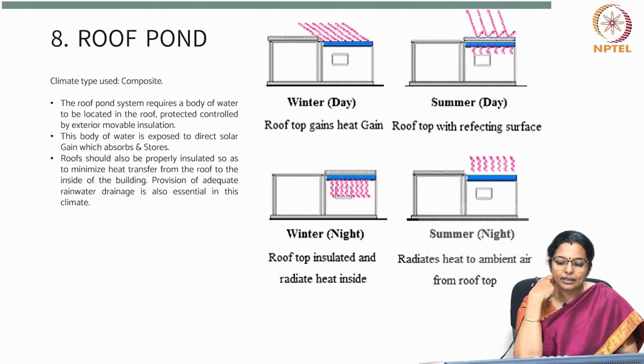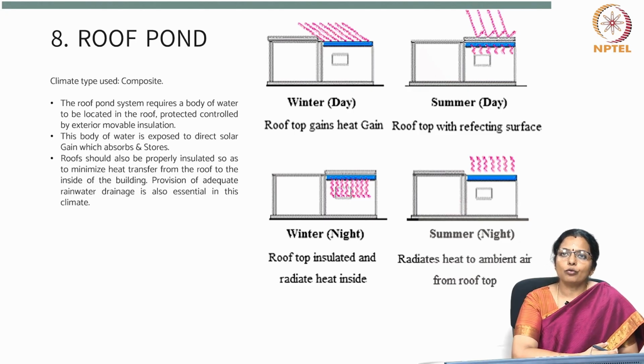Here we will see the roof pond strategy. The roof pond system requires a body of water to be located on the roof. This is protected and controlled by movable covers or insulation.